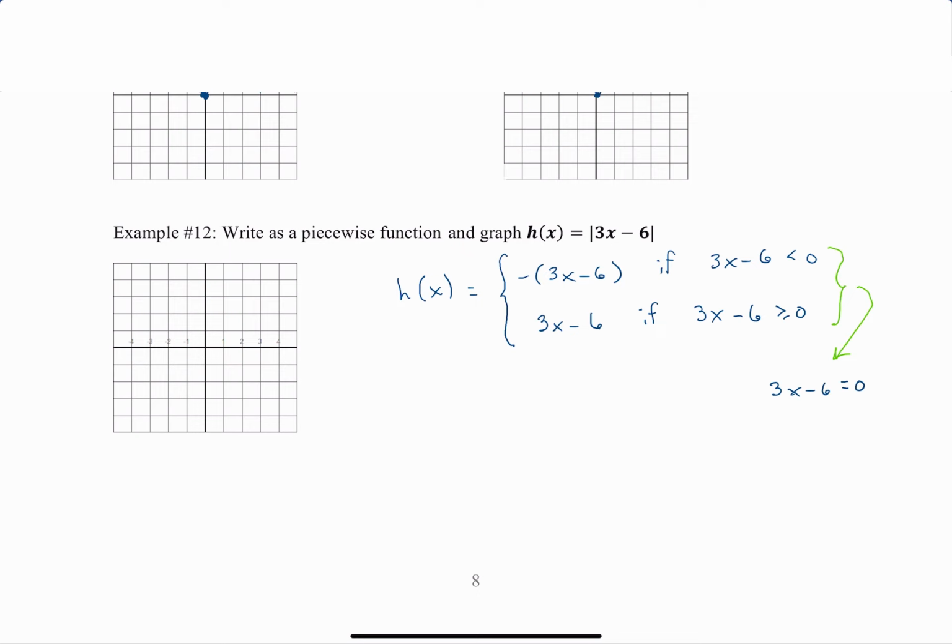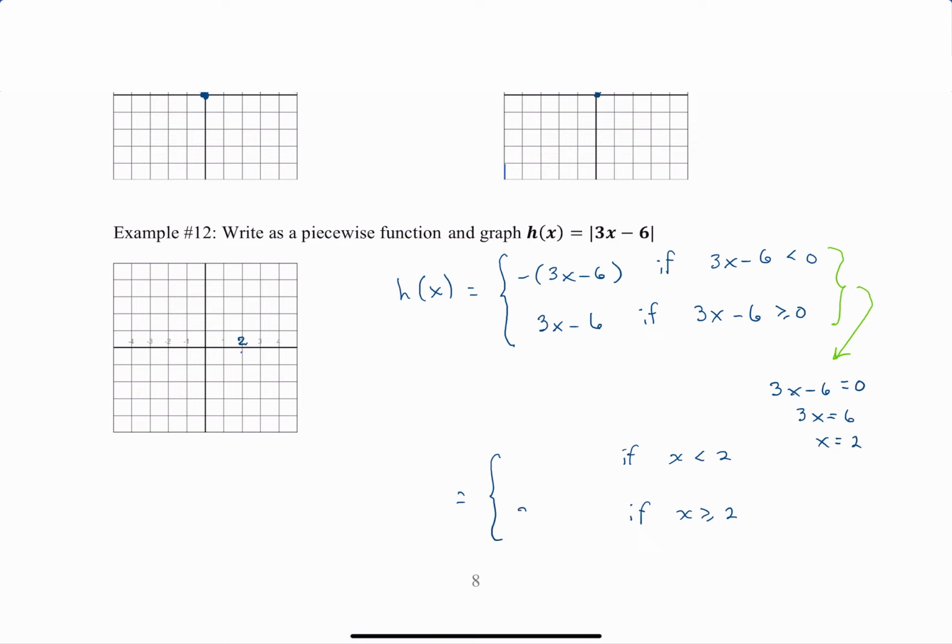In other words, when 3x equals 6 or x equals 2. That's the changeover point. So another way of writing those ifs is if x is less than 2 and if x is greater than or equal to 2. That's going to help us graph because, again, we need to know where this changeover point is, which is going to be at x equals 2.